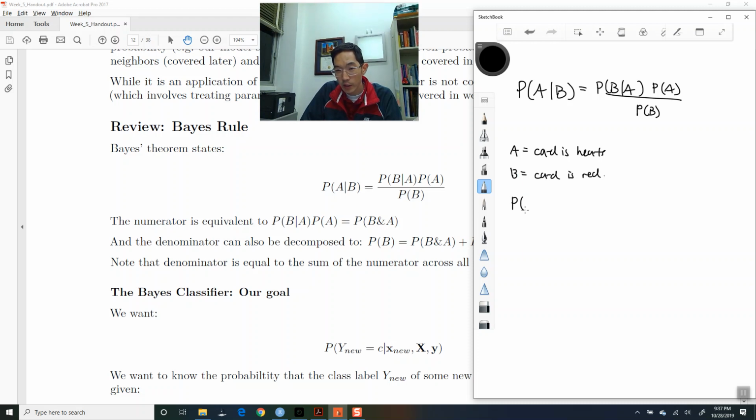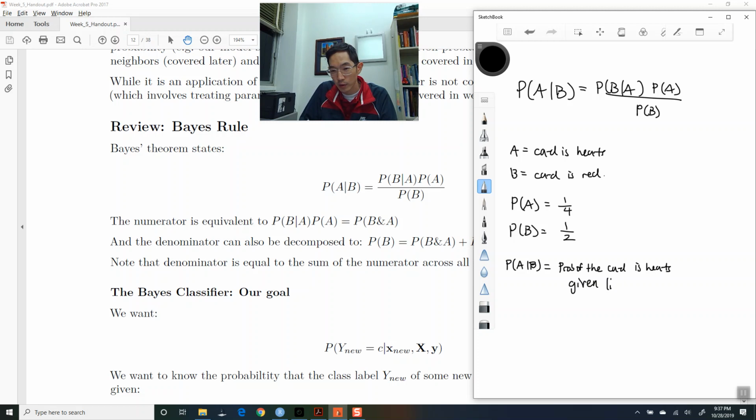The probability of A is the probability that the card is hearts, and that's going to be 1/4. The probability of B, that the card is red: half of the cards in the deck are red, so we'll say 1/2. And the probability of A given B, the probability of the card being hearts if we know the card is red, is going to be 1/2.